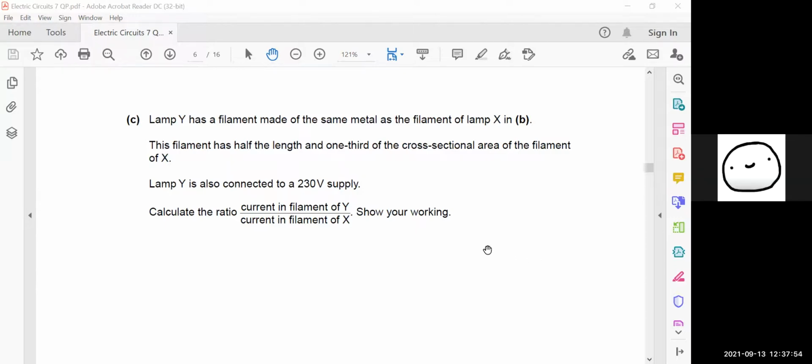Could you explain this 4C? Anirudh? Sir, I'm calculating. Meher? Yeah, I'm still doing.